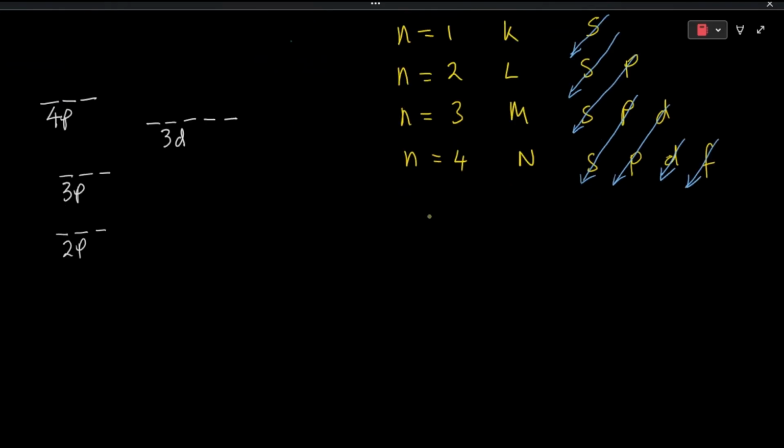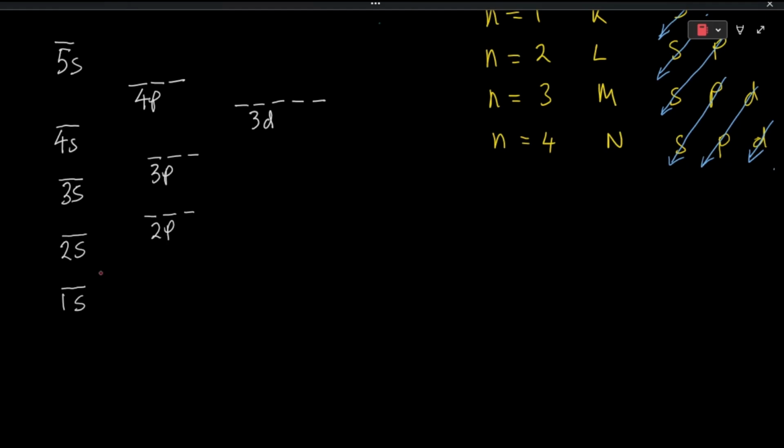And we should remember that lower energy orbitals are filled completely before higher energy level orbitals are filled. So for potassium, which has 19 electrons, lower energy levels will be filled first before higher energy levels, in this manner.